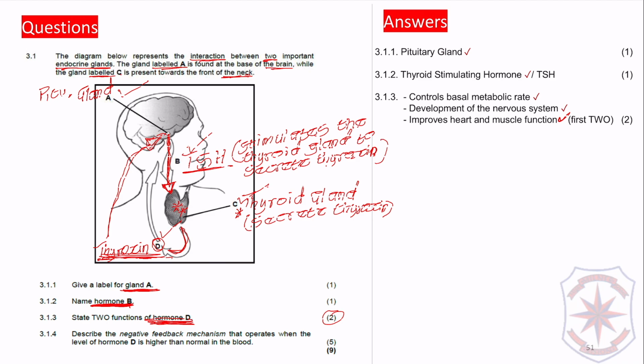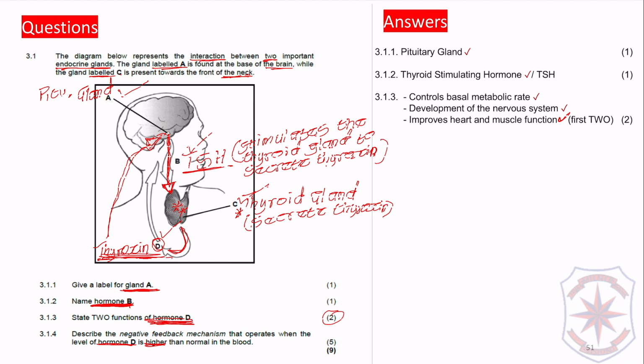Question 3.1.4. Describe the negative feedback mechanism that operates when the levels of hormone D, we've already said is thyroxin, is higher than normal in the blood, for 5 marks.